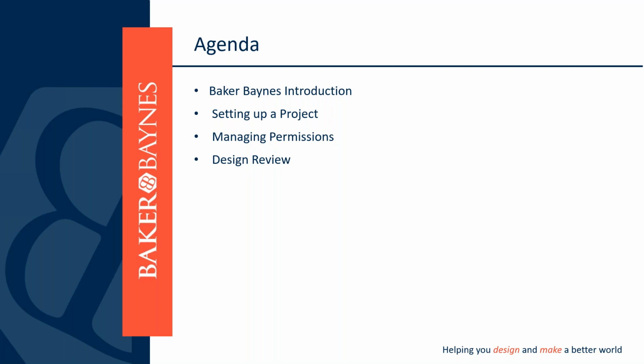How to do design reviews, some best practices and workflows that make that a little bit easier. The approval workflows within BIM 360 Docs, and then hopefully we'll have some time at the end, which will also allow us to do a bit of a question and answer session.